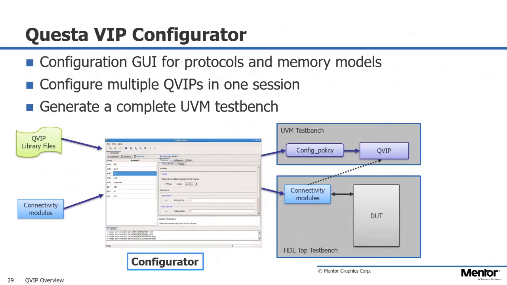And then if I'm going to bring in VIP, I use my VIP configurator and I say, okay, I need to put in an AMBA bus. It's going to have an address width of 32, a data width of 32. Is it going to be a slave or a master? Is it going to have these different things? I go through and that generates the agent for that particular piece of VIP.